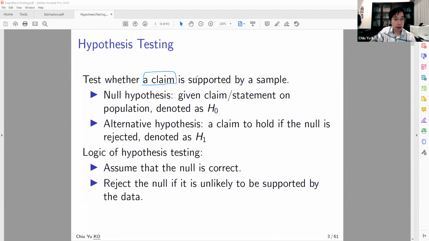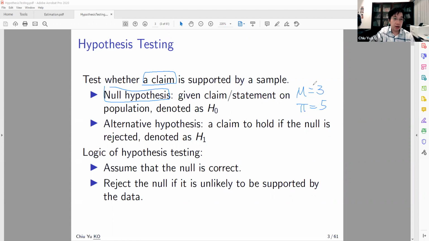The claim we call the null hypothesis, and we try to see whether that is true or not. Suppose we say mu is 3, or the proportion pi is 5. These are the two things you might want to check.